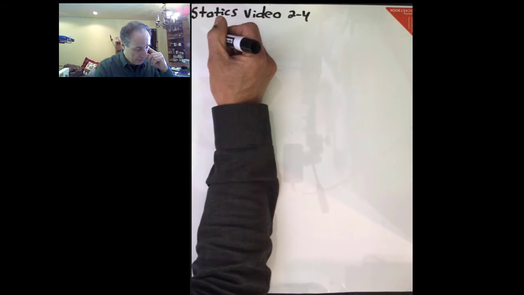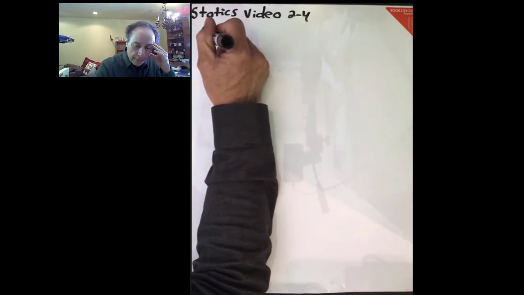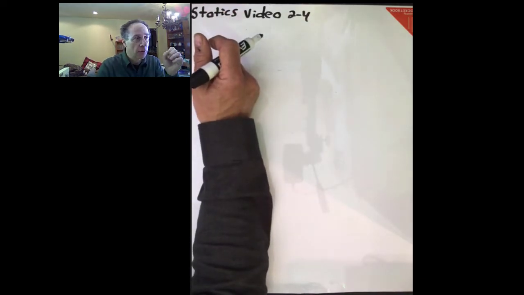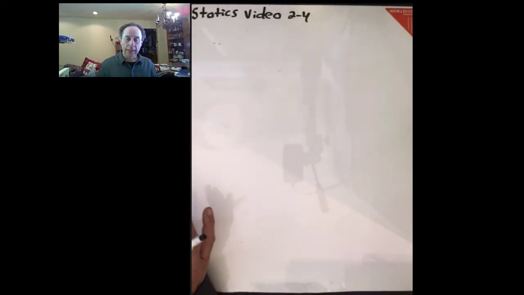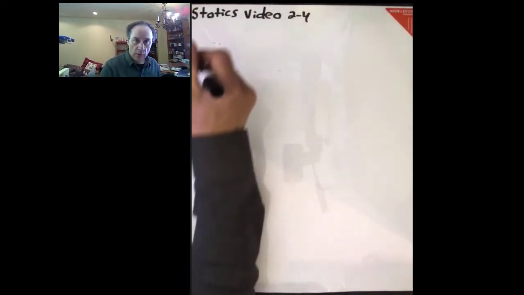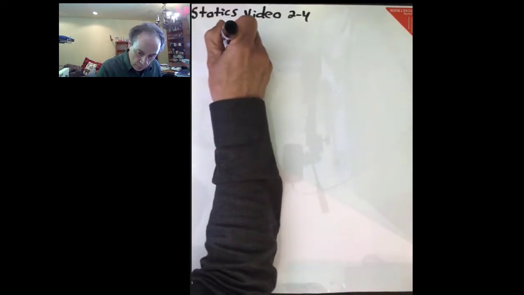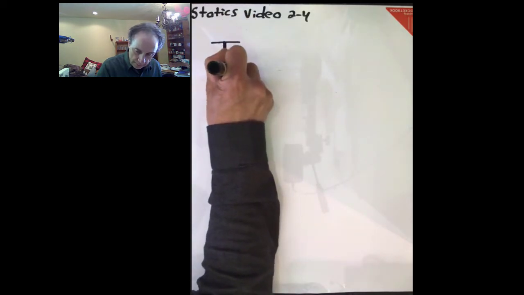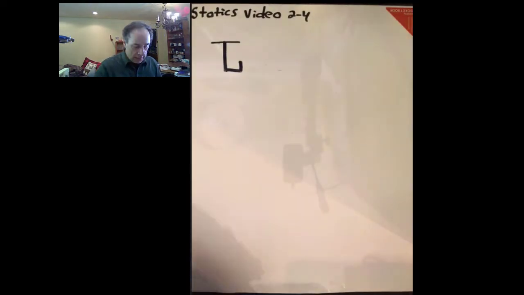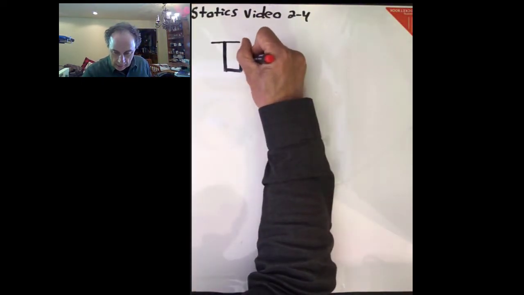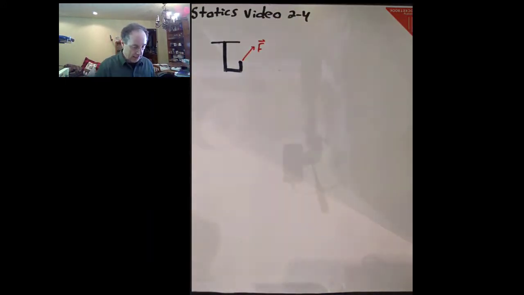So we often want to simplify a system that has many forces or has forces at different angles into an equivalent system. So, for example, we're going to do a problem like this at some point, but if you have this J-shaped bracket, you have a force at an angle being exerted on it at that tip.